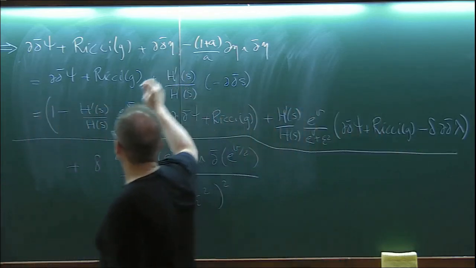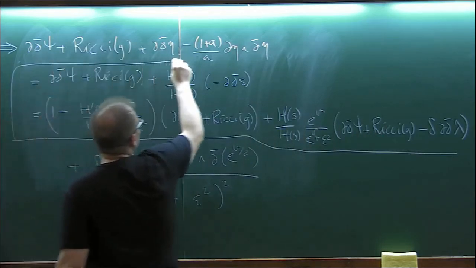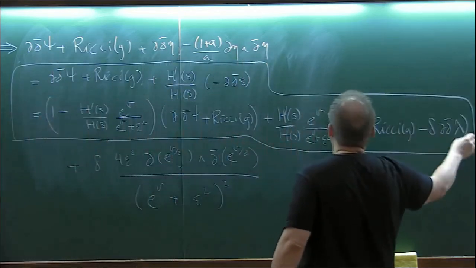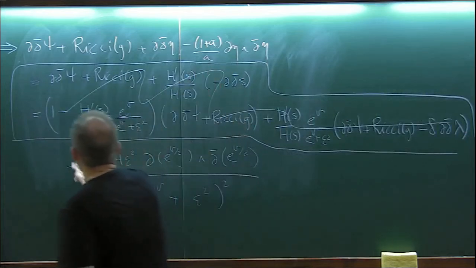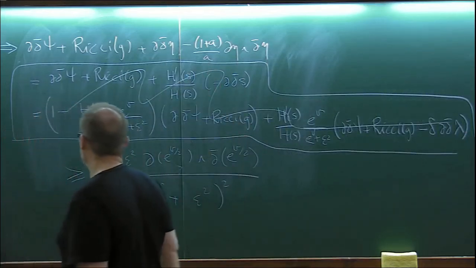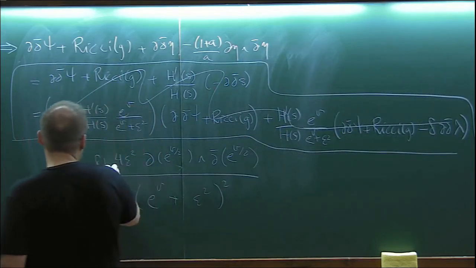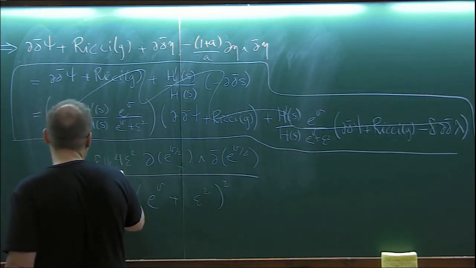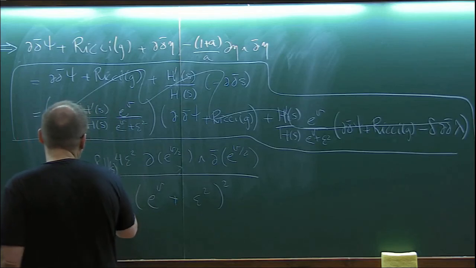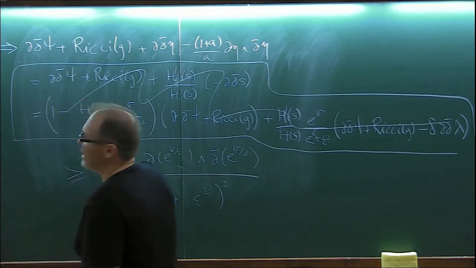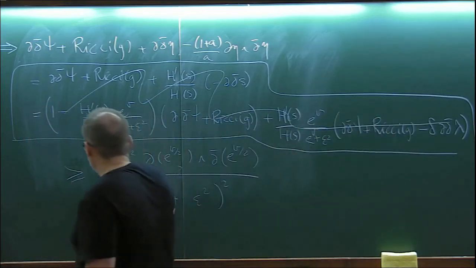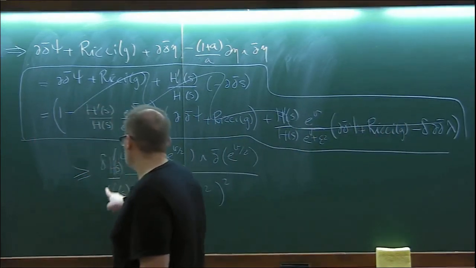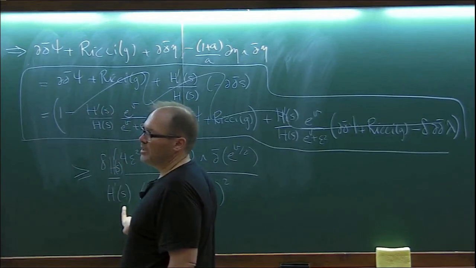that we can scratch this whole piece out, and that quantity is greater than or equal to this times h, oh, I'm sorry, there's a missing h prime of s over h of s. It comes from this factor here. Okay? So this h of s is e to the minus eta.